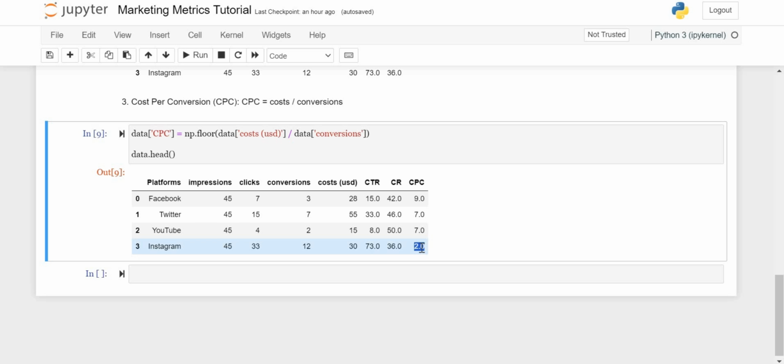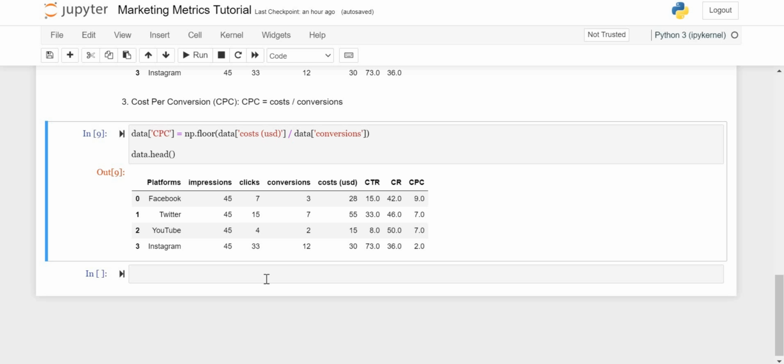That is, they pay $2 for each conversion. Now, what is the insight from this? This means that when analyzing this kind of metrics, consider your campaign goals and objectives. So I repeat again, the goals and objectives of your campaign determine how you interpret the marketing metrics.